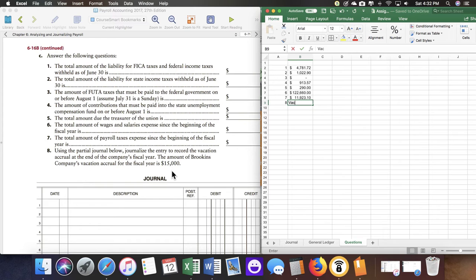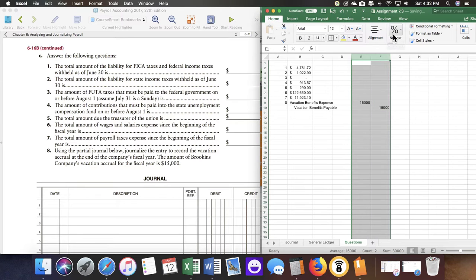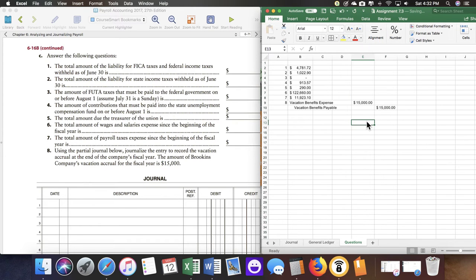So it's going to be vacation benefits expense, vacation benefits payable, and then the amount they tell us is $15,000. Change that to the dollars. And there we go. And that's all you have to do for this problem.